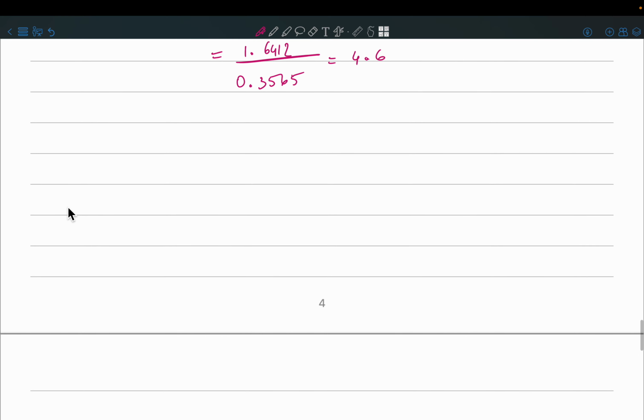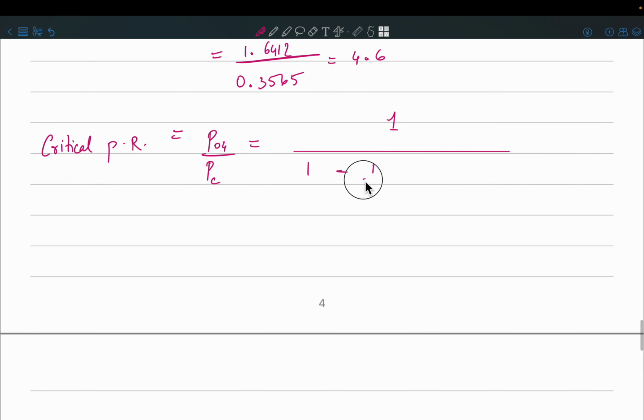Okay, so now what we need to calculate is the critical pressure ratio. So the critical pressure ratio, this definition you would have seen, is P naught 4 by Pc, which is nothing but 1 divided by, it's a huge formula, 1 minus 1 by eta nozzle.